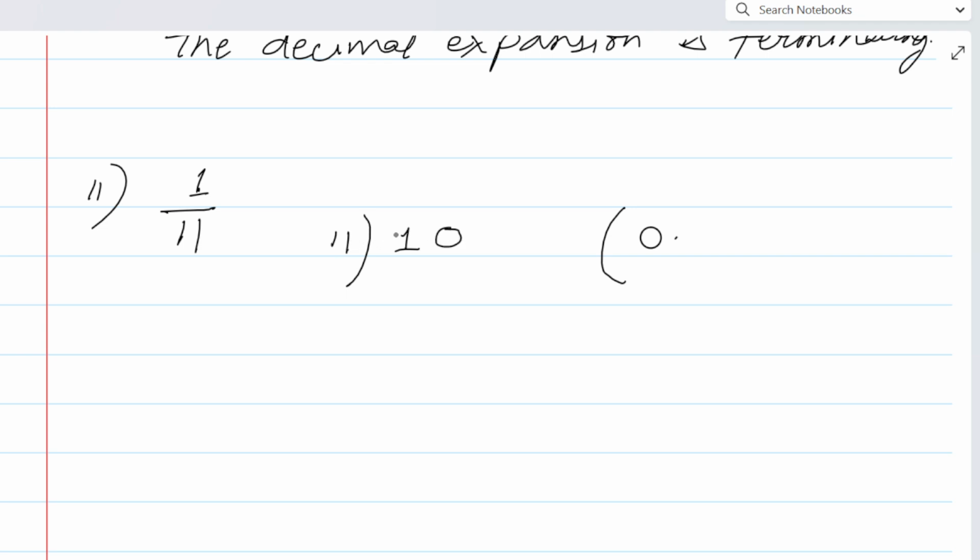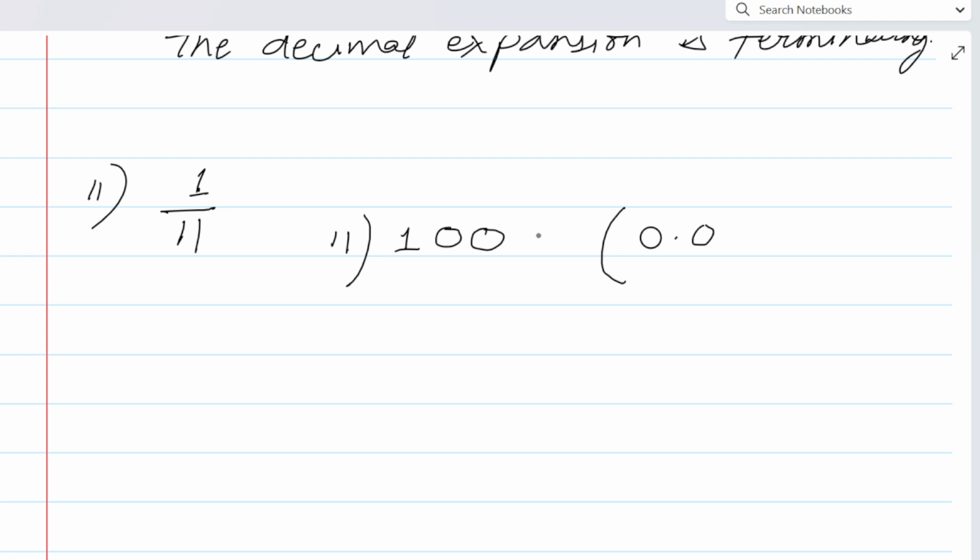Again, this 11 is not going. I cannot divide 10 by 11. This number has to be greater than this number. So in that case, please try to understand this. First, I cannot divide, so I have taken a point, and for that point, I have taken 0, 1 0. Again, I'll take here 0 and here 1 0.